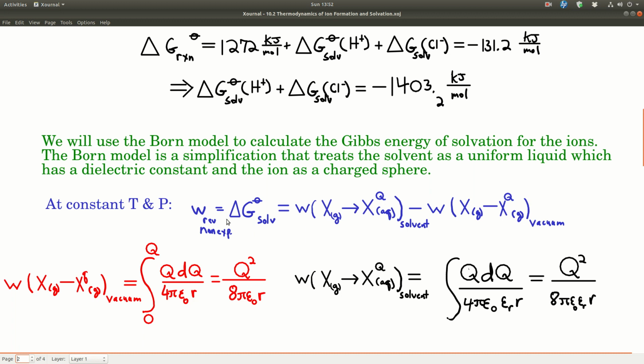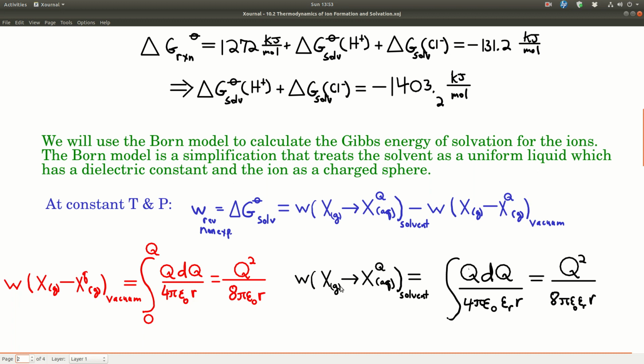That's the idea. So it ends up from electrostatics we know that the work we can calculate with this integral from 0 to the charge q of dq over 4 pi epsilon naught r. Epsilon naught is a constant, the permittivity of free space. r is the radius of the charged sphere. And so you do this integral, and we just get q squared over 8 pi epsilon naught r.